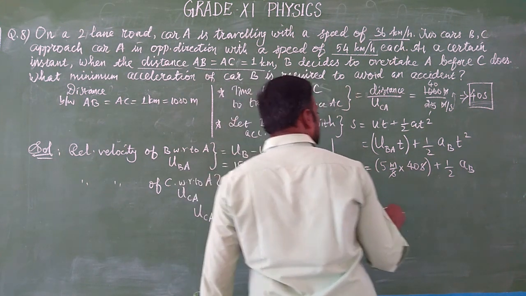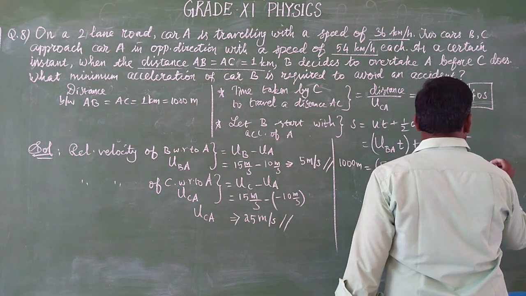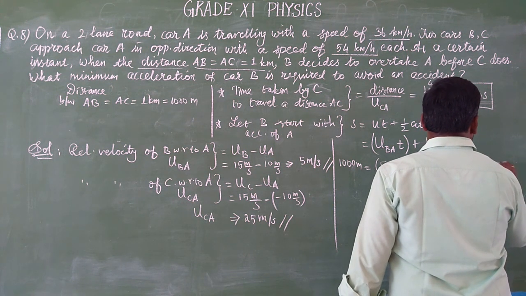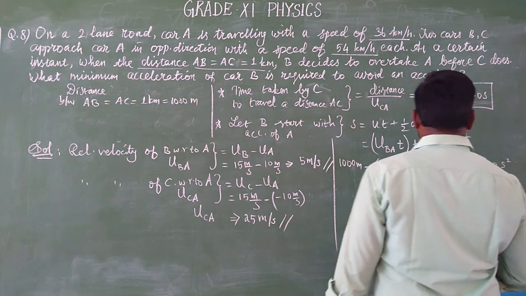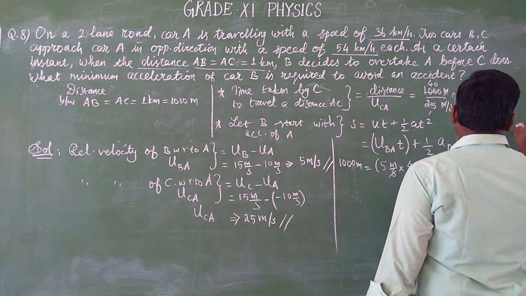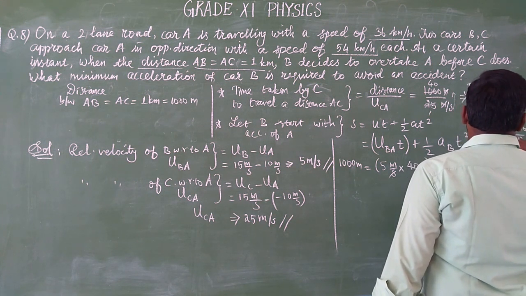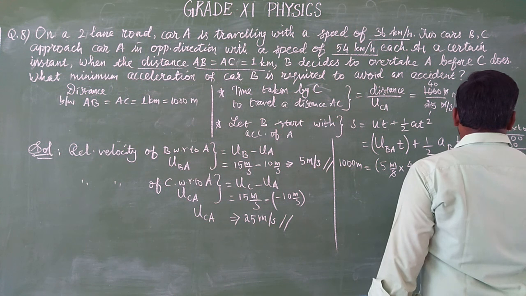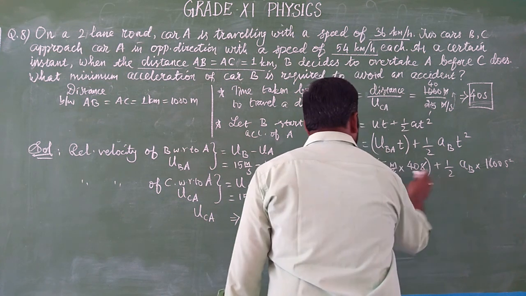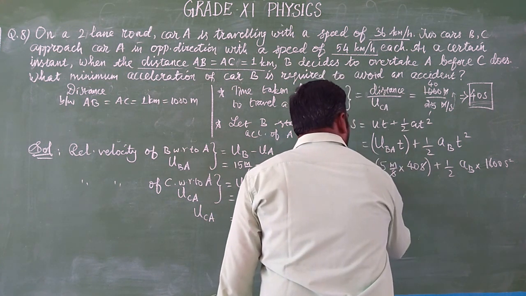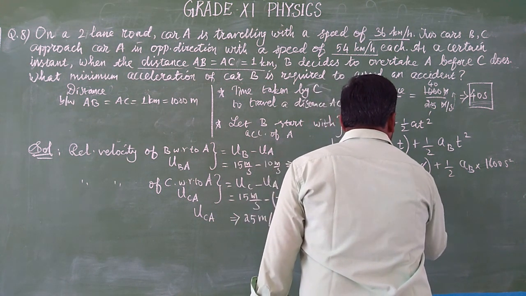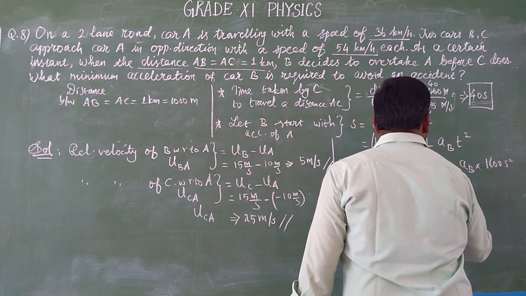So 1000 meter, into t square. Oh, sorry, not 50 into 50, it is 40 into 40. So what is 40 into 40? 1600 second square. Okay. So after rearranging, we can easily determine the acceleration of car B. So 1000 meter is equal to 200 meter plus half.